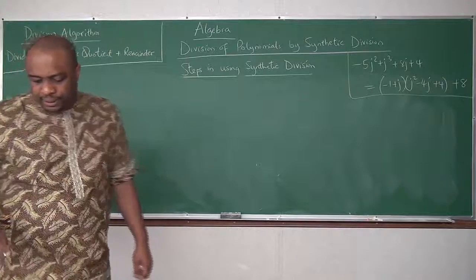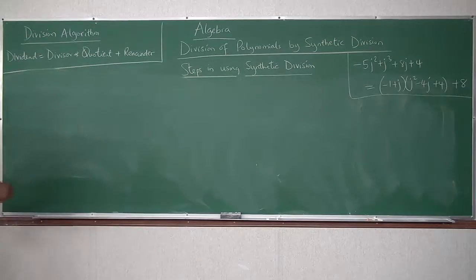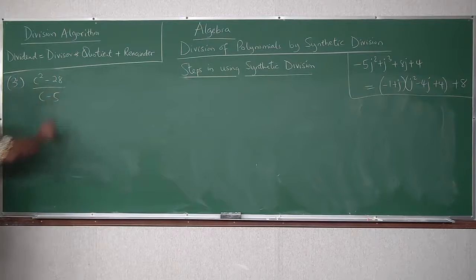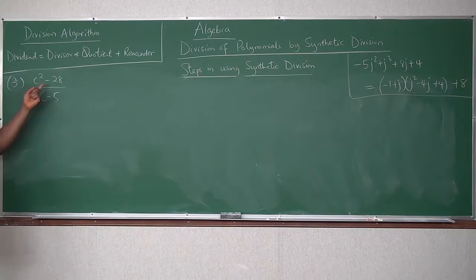Question 3, we have c squared minus 28 over c minus 5. The dividend is arranged, but it is missing a term in c.